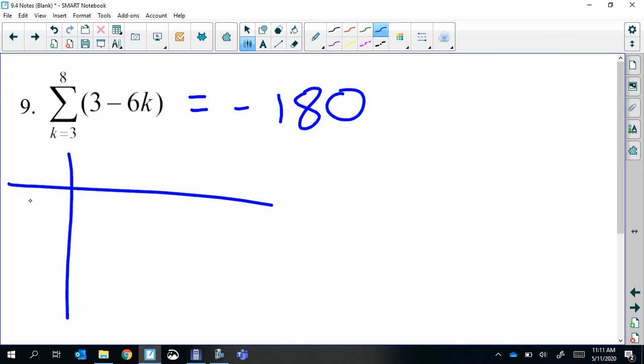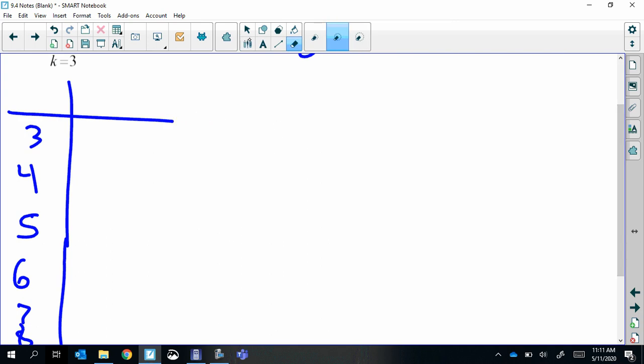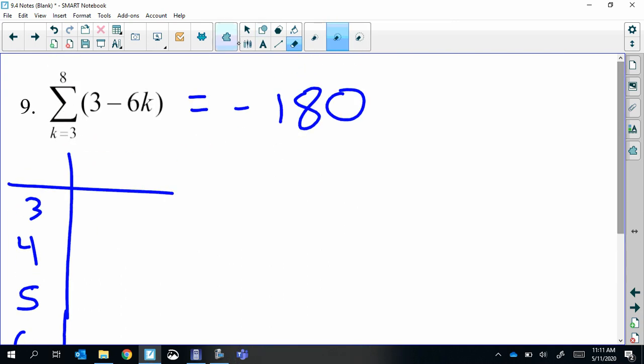Now, what this would mean, if you were doing it by hand, is you'll plug in 3, starting at the bottom, 4, and then 5, and then 6, 7, 8. Now, if we're using the shortcut, remember you don't need all of the numbers, you only need the first one and the last one.